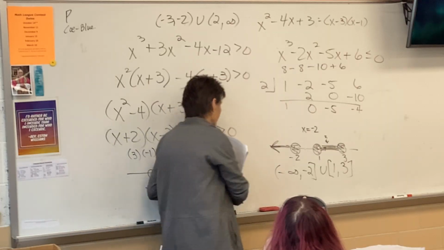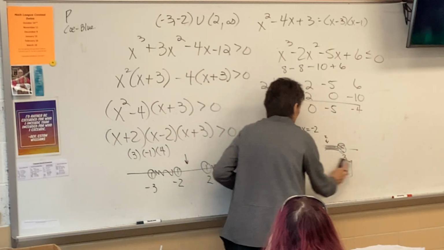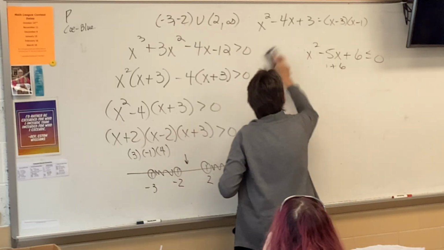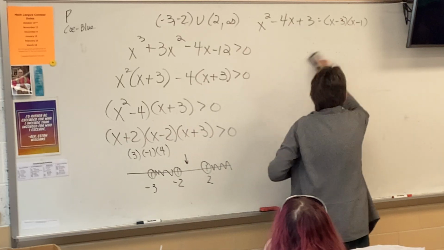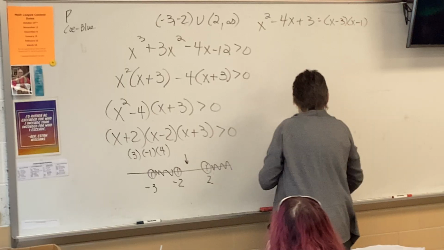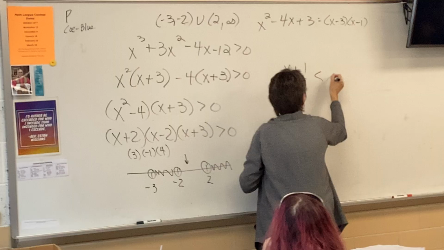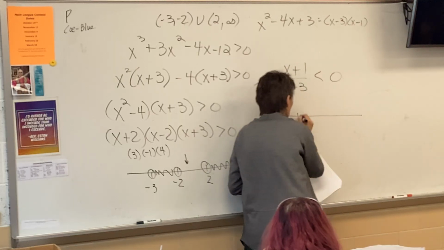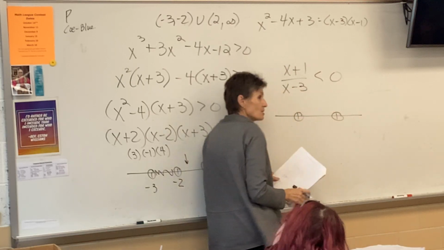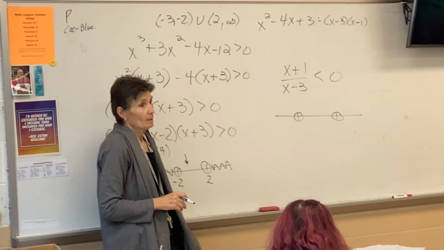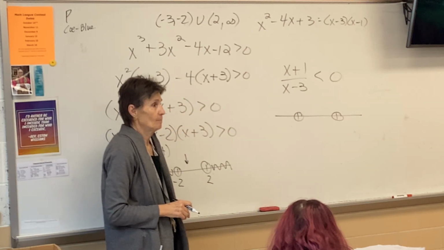Number 8 looks different, but we're gonna do it exactly the same way. So I'm gonna draw a number line, and I'm gonna put 2 open dots on the number line. Take a wild guess where the open dots are.